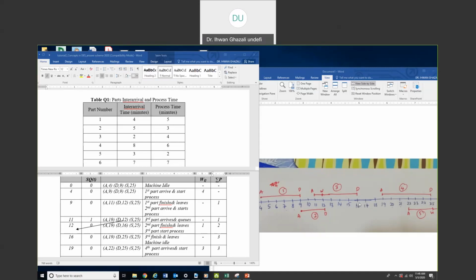The part will finish from the process time activity for part number 3. Okay, 1, 2, 3, 4. This is 4, right? And then you need to put the closest D in this activity, which is D16, and then it will stop in minute 25.